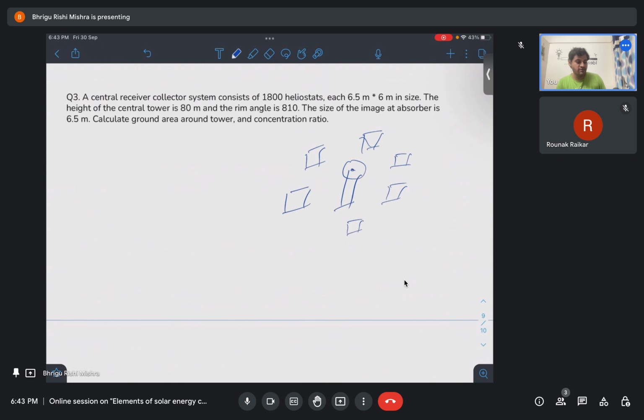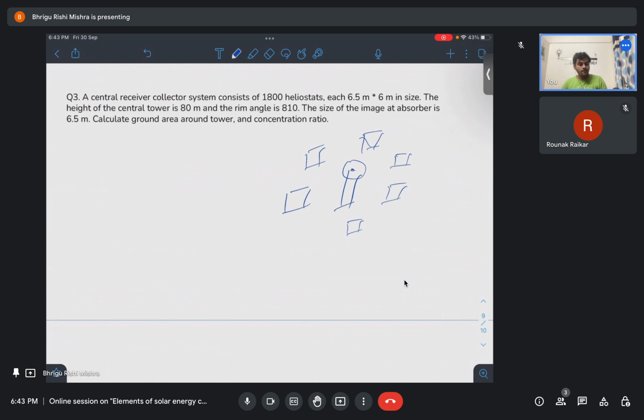These heliostats are tracking, so that the beam radiation hitting the surface is always parallel to the normal of the plane of the surface. That means they are coinciding, which is why it is called a heliostat. It is constantly tracking the sun, so that it is always facing towards the sun.